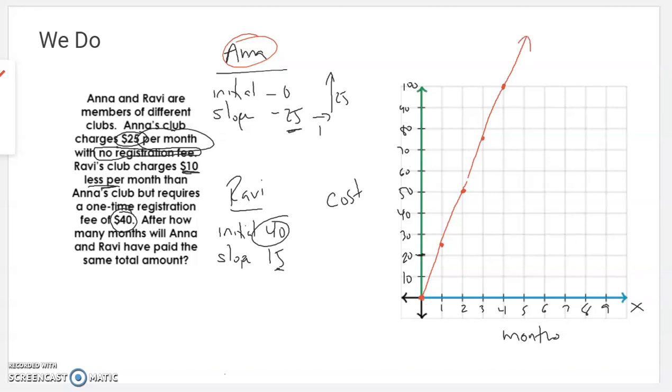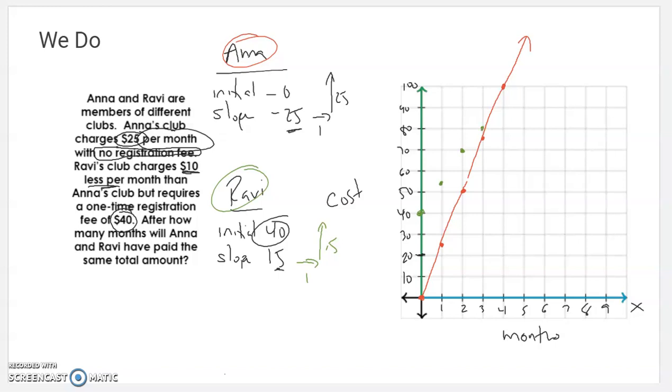All right, I'm going to switch and do Ravi in green. Ravi starts at 40, slope of 15. So one more month, $15 more for Ravi. One more month, $15. One more month, $15. So close.